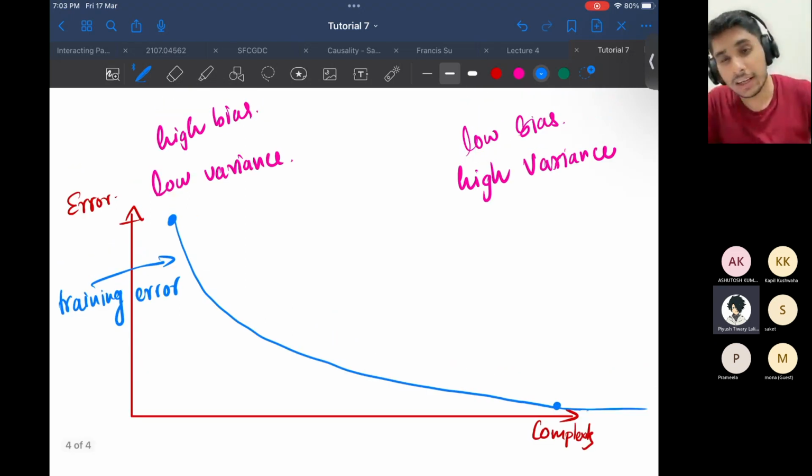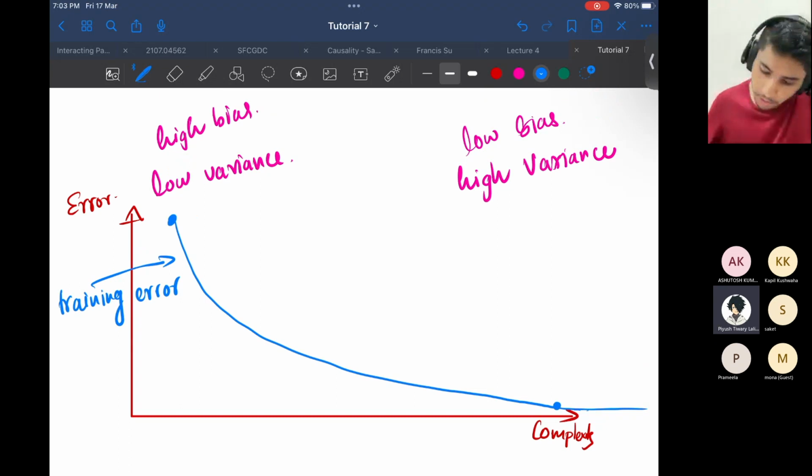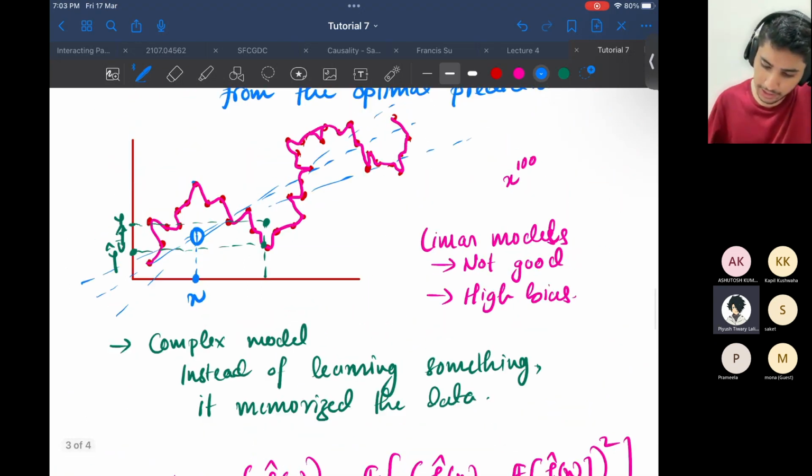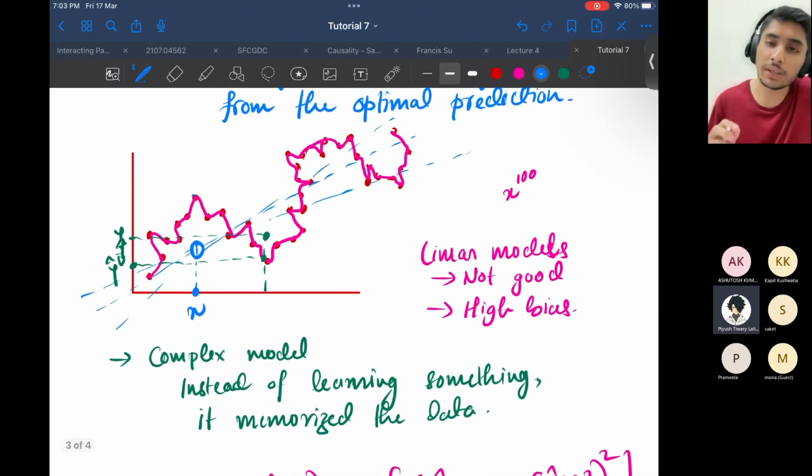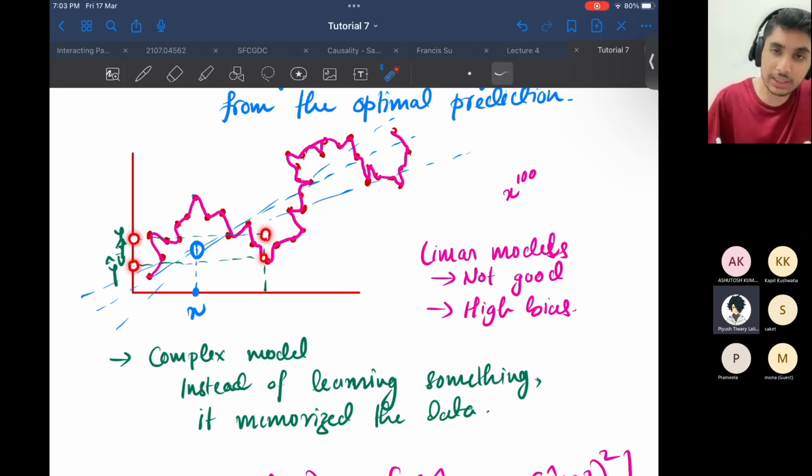Now, what was the problem with the high variance model? The problem was it was not able to generalize well. If I gave it a point, let's say in this green example, it was giving me this, and this was the error.